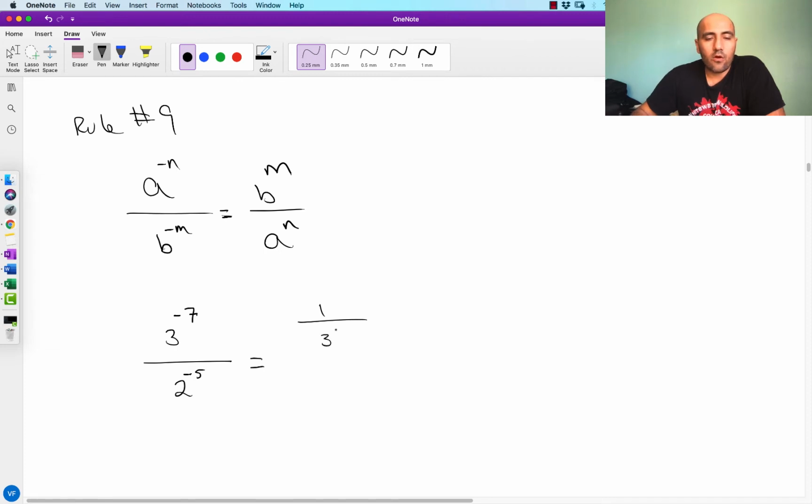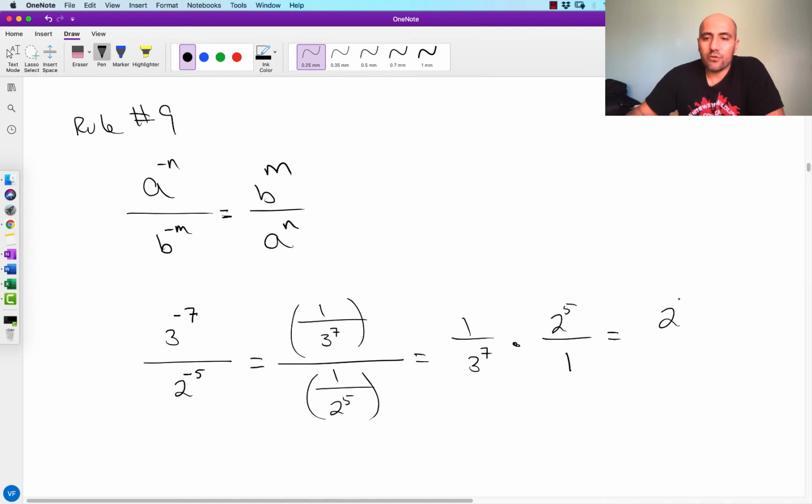So that would be 1 over 3 to the positive 7th power in the exponent divided by, and to eliminate that little minus there, this becomes 1 over 2 to the 5th power, like that. And then we multiply the numerator times the reciprocal of the denominator. So that would be 1 over 3 to the 7th power times 2 to the 5th power divided by 1, which gives you 2 to the 5th power divided by 3 to the 7th power.